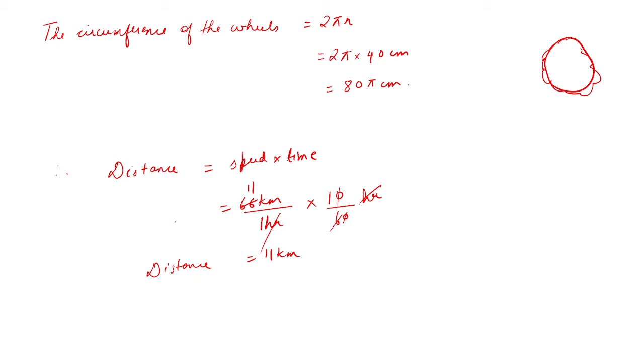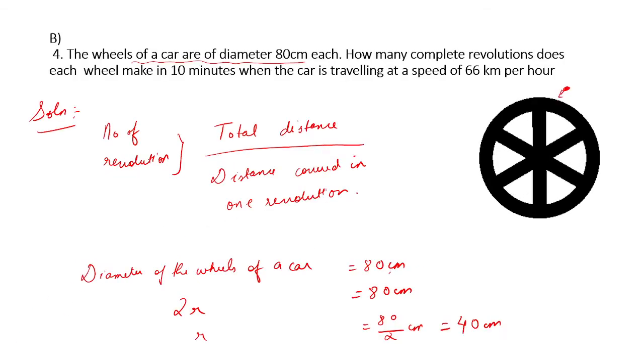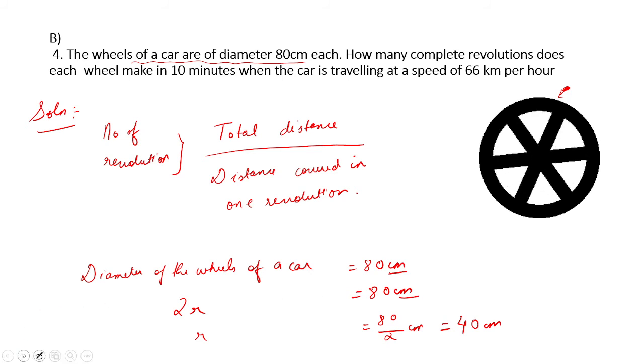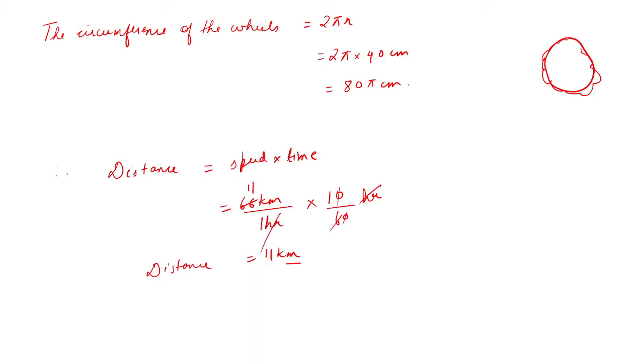Clear? But you look at this. This is in terms of centimeter, and now this is in terms of kilometer. So I'll convert this kilometer into centimeter. Now 1 kilometer is equal to how many meters? It is equal to 1000 meter, and 1 meter is equivalent to 100 centimeters.